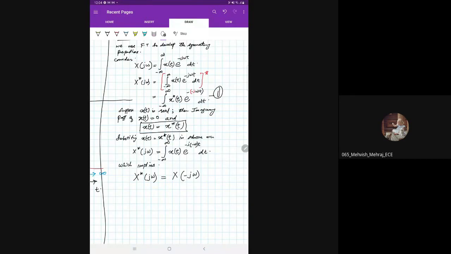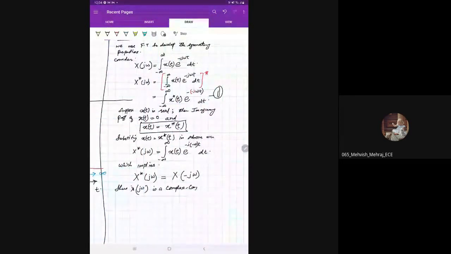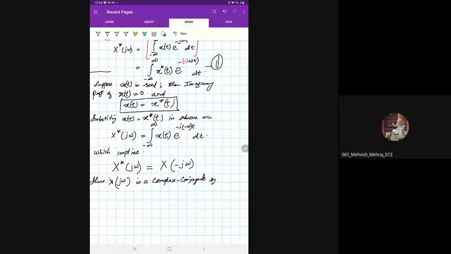So this is the conclusion now. Now we can say then, thus x of j omega is complex conjugate symmetric.